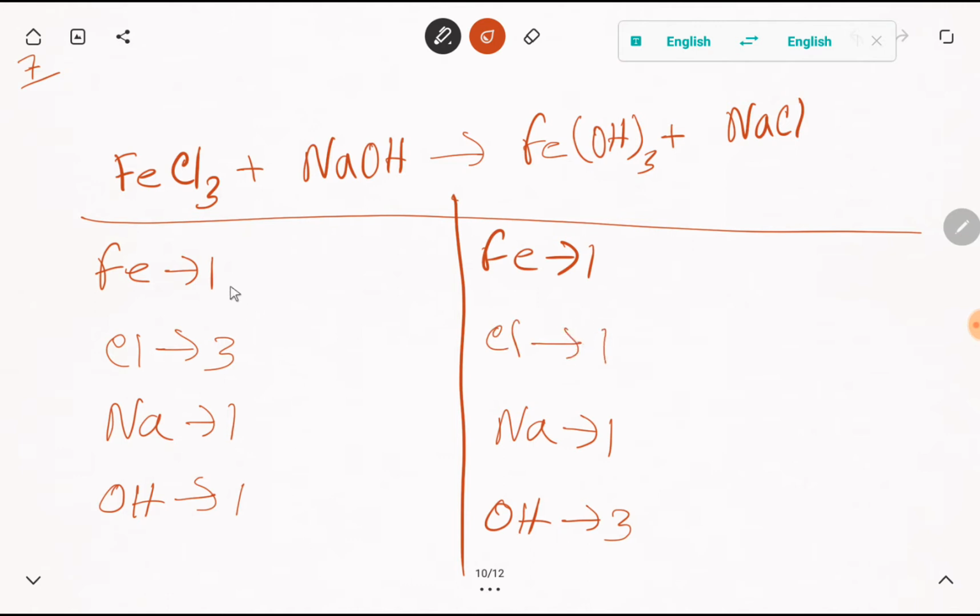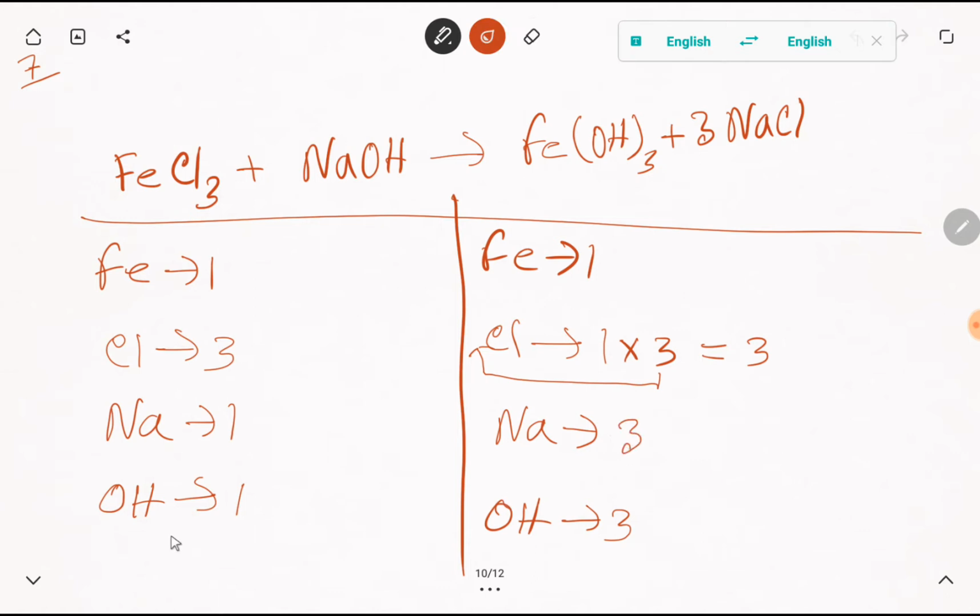So look, iron 1 1, iron is already balanced, chlorine 3 1, chlorine is not balanced. So to balance the chlorine, I can multiply here by 3, that gives me 3. This 3 must come before this chlorine, that is here. If I place here 3, the number of sodium will be 3. So let me update the number of sodium.